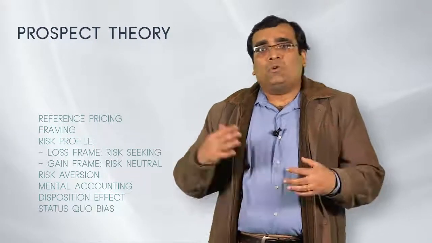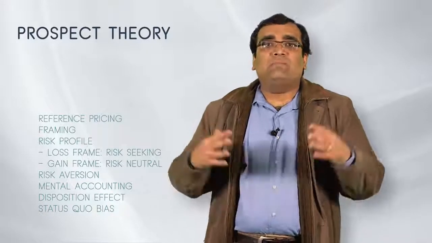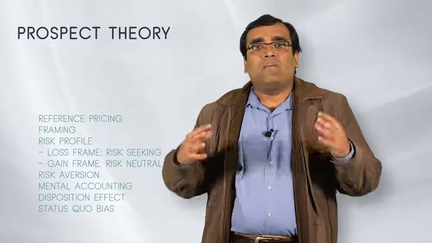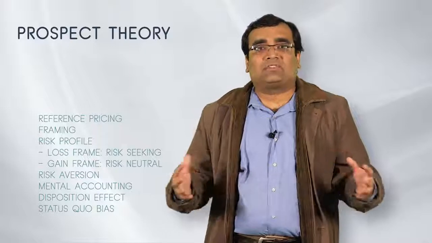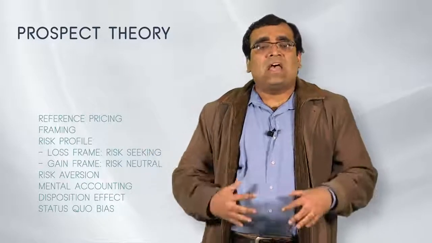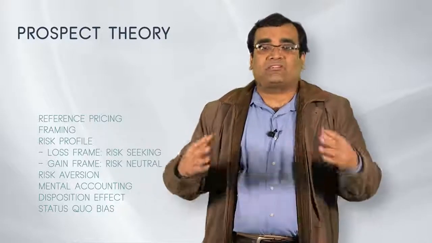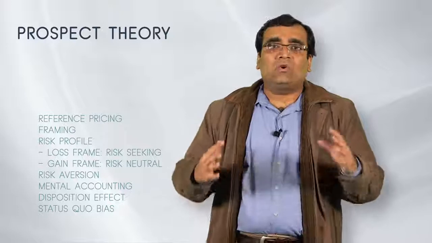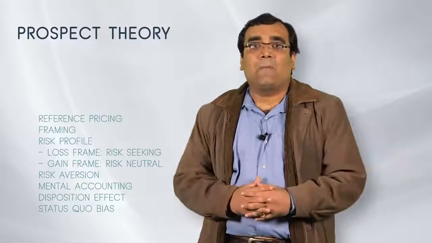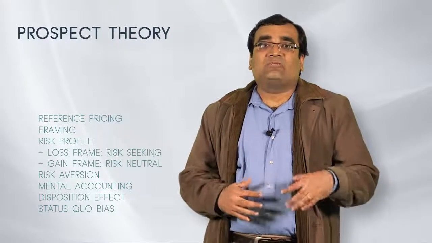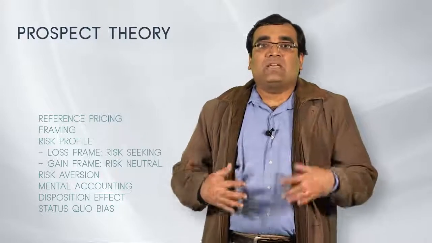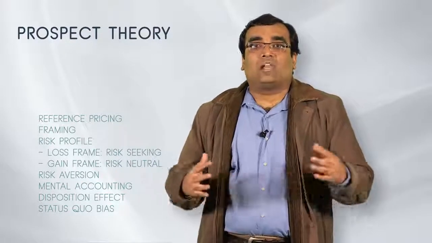Now, of course, you would not be willing to immediately exchange that jacket because you want to maintain your status quo. It takes a lot of effort to go and choose another jacket. It takes a lot of effort to compare the prices, compare the characteristics of the product, and so you are in this status quo bias. So this tendency to favor stability over change is what the status quo is all about.